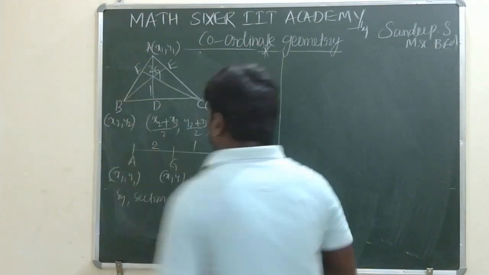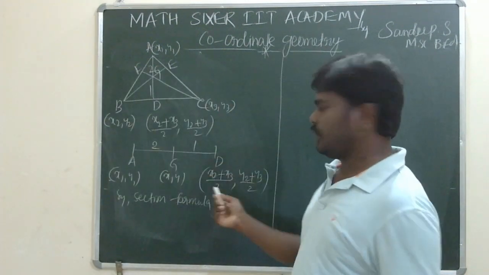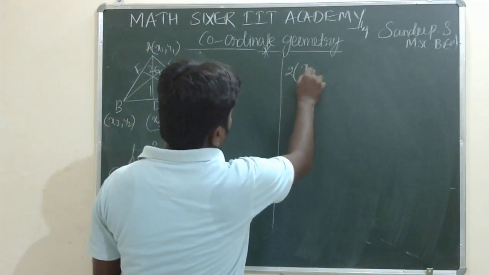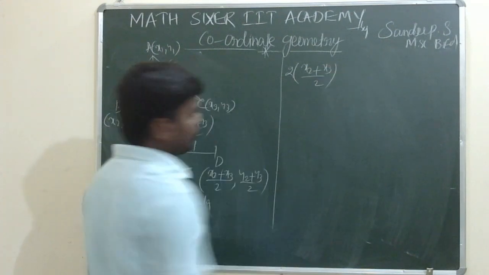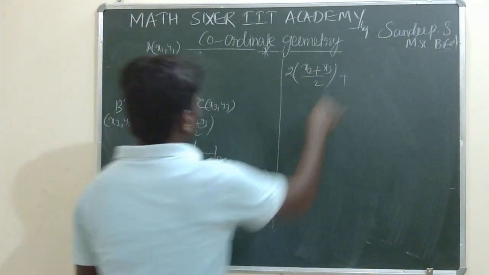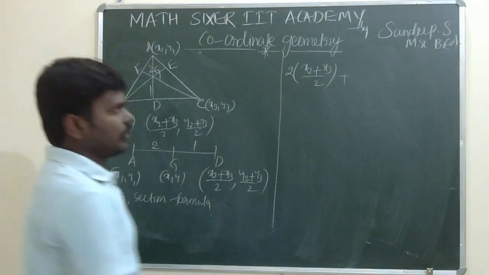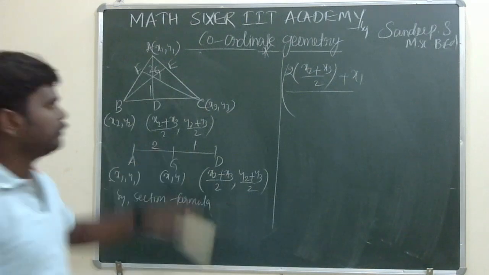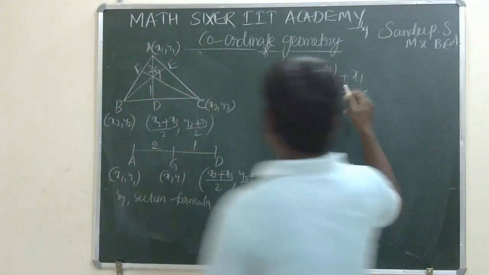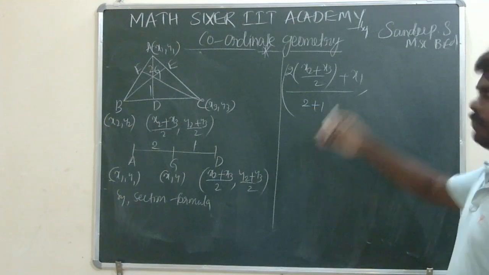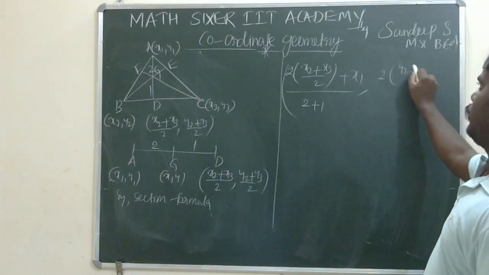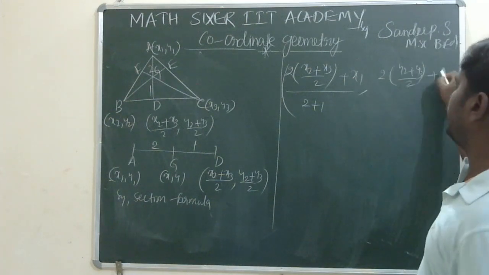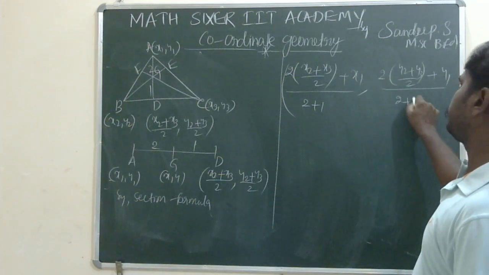By the section formula, mx2 means here 2 into x2 plus x3 by 2, plus 1 into x1, so x1, divided by m plus n, that is 2 plus 1. Comma, similarly the same thing for the y terms: 2 into y2 plus y3 by 2, plus 1 into y1, divided by 2 plus 1.